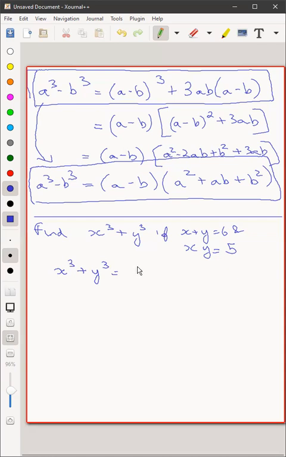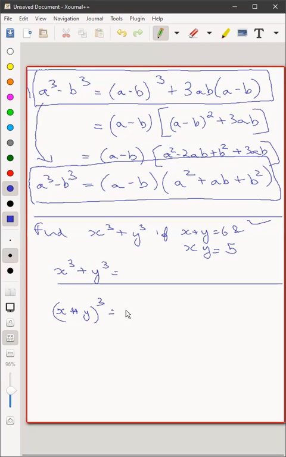I know which identity we have to use. You have to tell me. So is it a plus b the whole thing cube is equal to... Oh, no. We can use that, but why don't we solve it directly? Okay, fine, no problem. Let's do it that way. Because we're given x plus y the whole thing cube, we know x plus y the whole thing cube has to be used. What is this equivalent to?